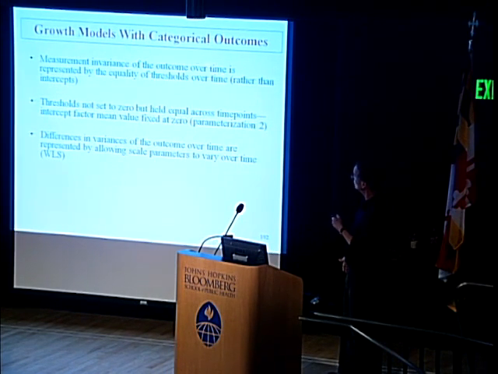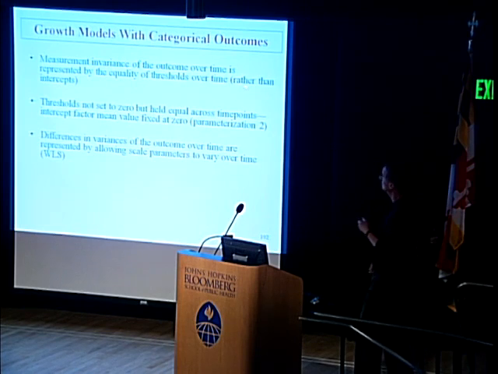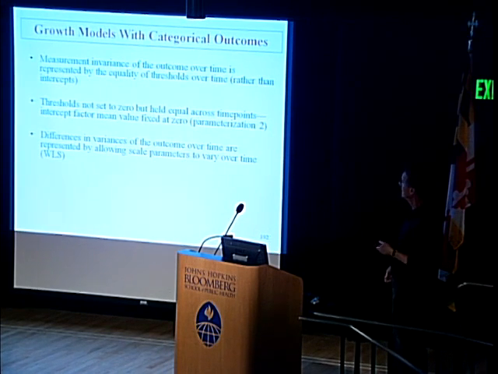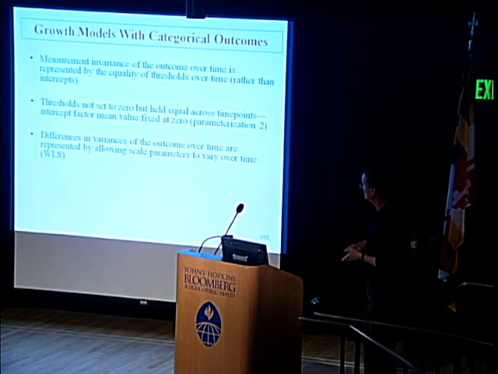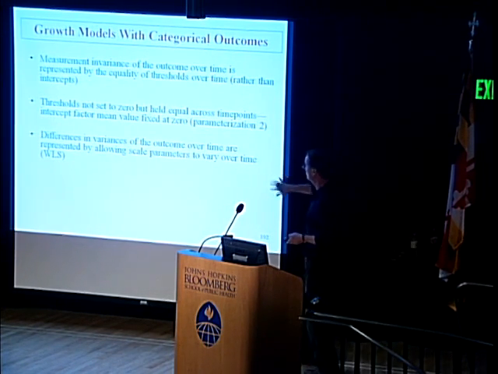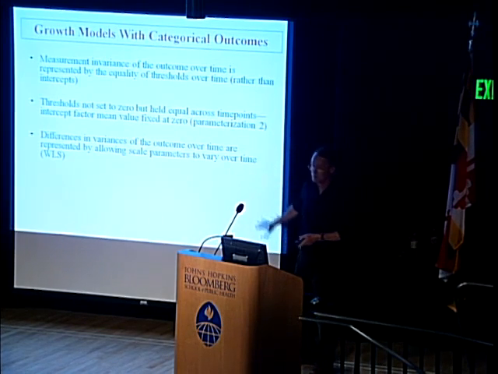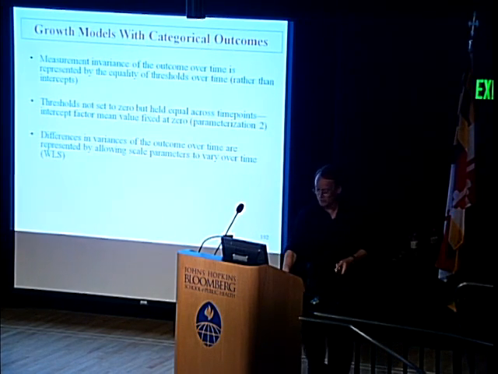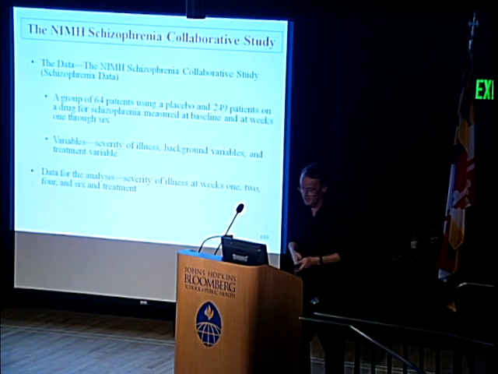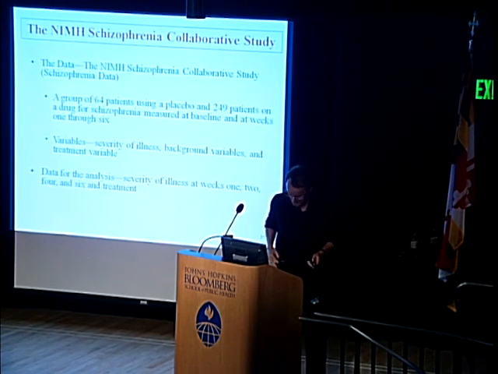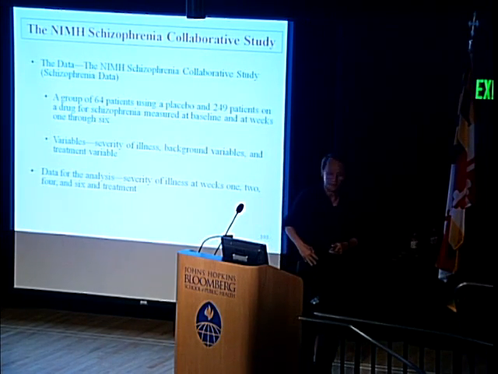So now we switch over to parameterization 2, because we have categorical outcomes, and we have equality of thresholds over time, and then we have to fix the intercept factor means to 0 to not have unnecessarily many parameters. For now, we're going to ignore this last third bullet because we're going to stay in the maximum likelihood framework. And with that, it's time for Linda and the final riveting example.